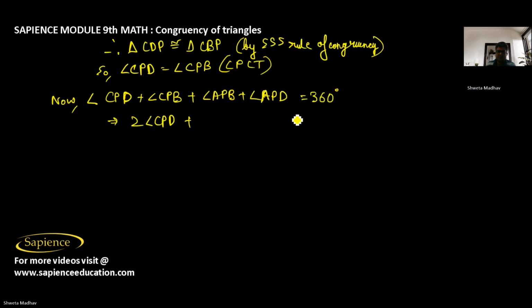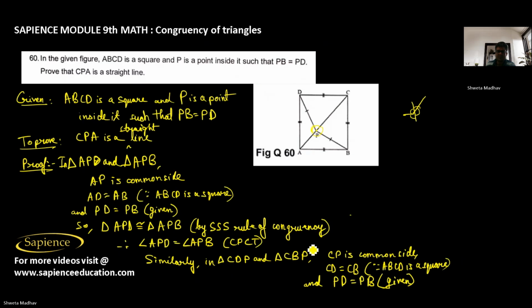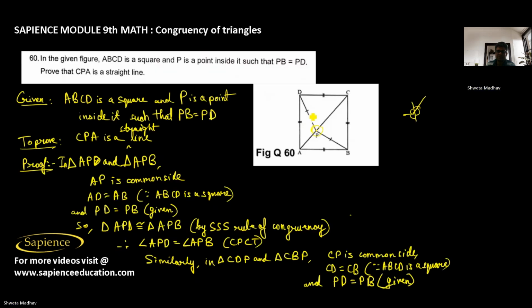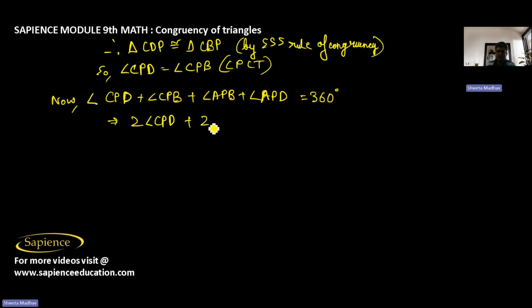We have also shown that angle APD is equal to angle APB. So I can say that this is twice of angle CPD plus twice of angle APD, since APB and APD are equal.